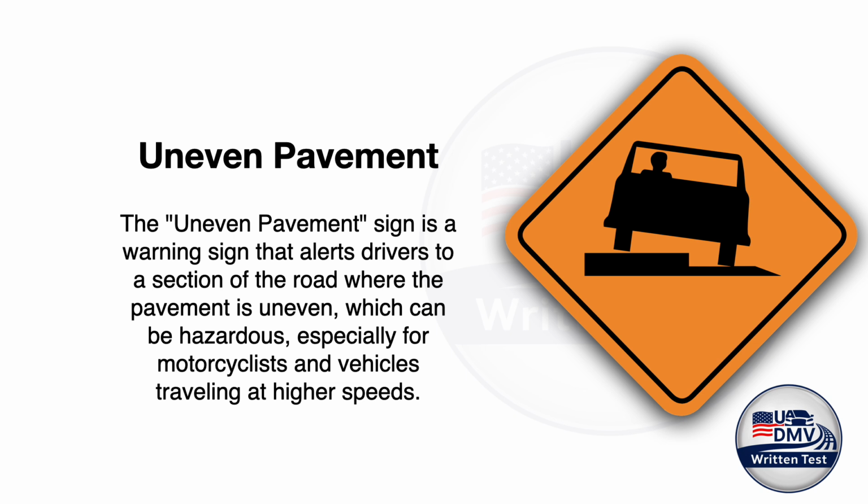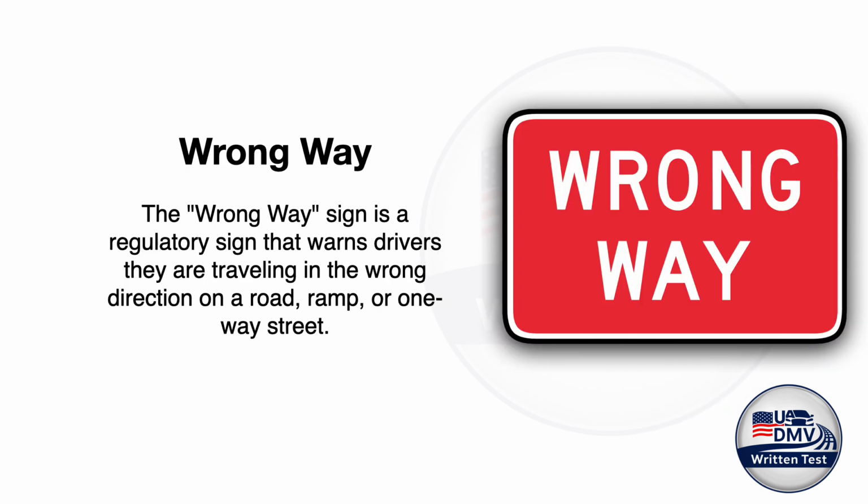The uneven pavement sign is a warning sign that alerts drivers to a section of the road where the pavement is uneven, which can be hazardous, especially for motorcyclists and vehicles traveling at higher speeds. Wrong way. The wrong way sign is a regulatory sign that warns drivers they are traveling in the wrong direction on a road, ramp, or one-way street.